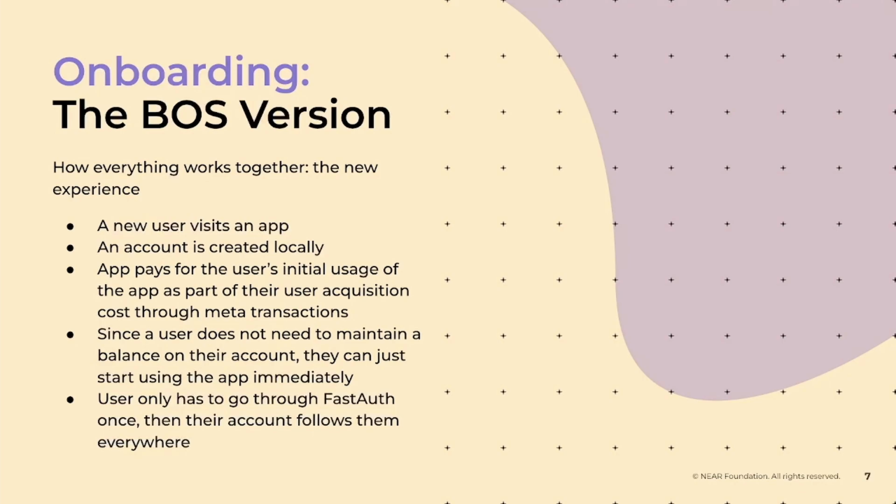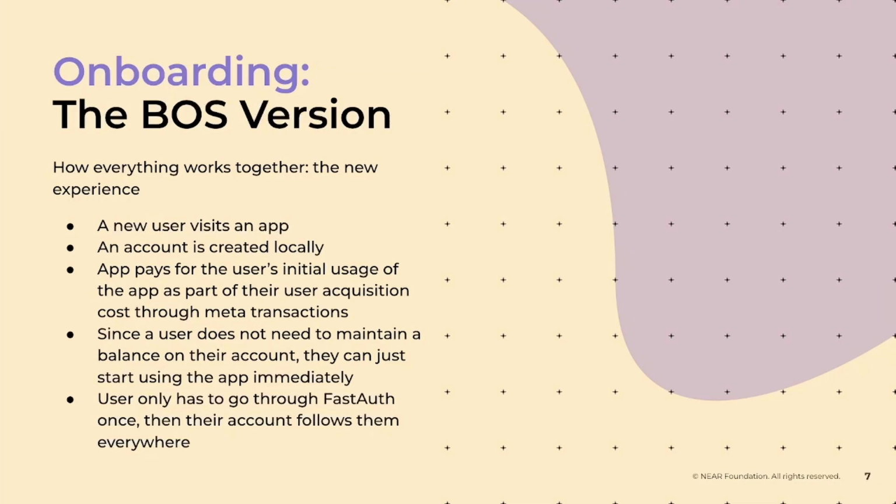So the new flow looks as follows. A new user learns about the application they're interested in, maybe on some forum, maybe through a friend, and then they decide to give it a try. They go there directly, and through biometric authentication, a key is generated locally for them.